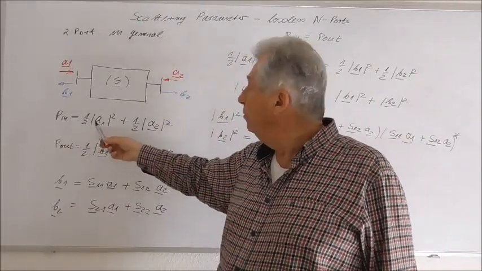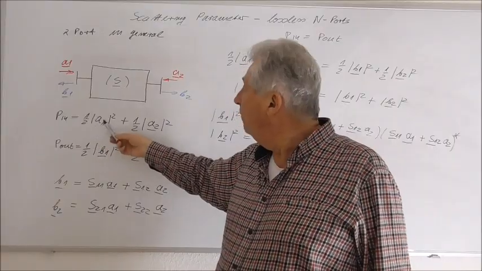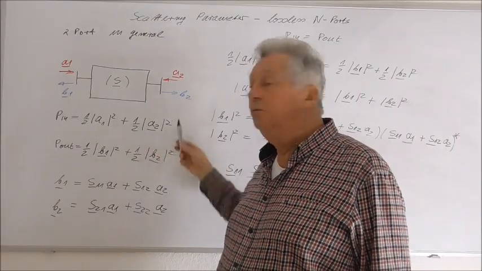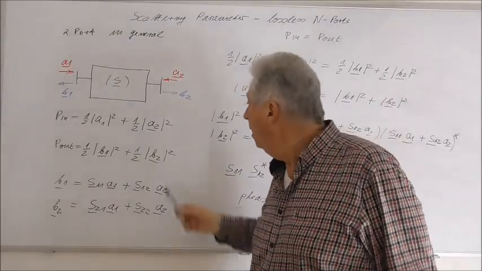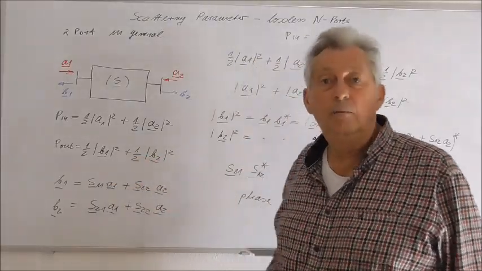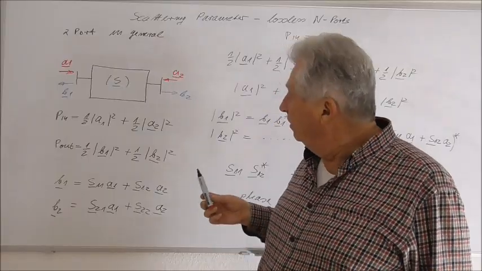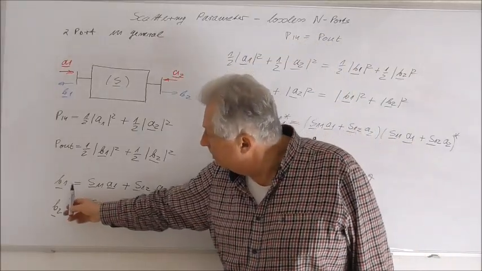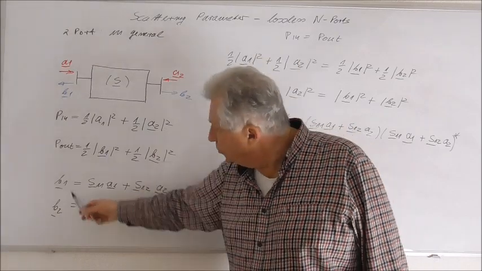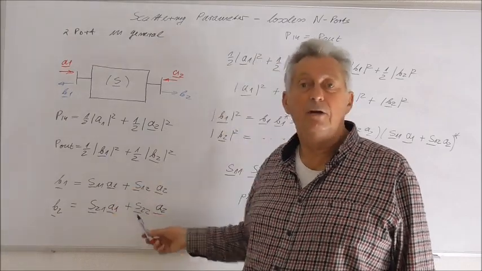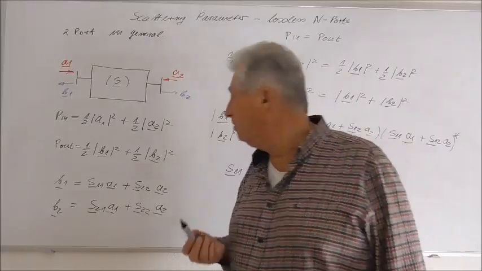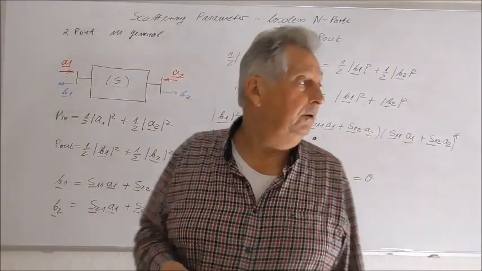Our input power is given by 1/2 |A1| squared plus 1/2 |A2| squared. The equation for the output power remains the same, but now we have to account that B1 and B2 are given by the whole S matrix, which makes things more complicated.